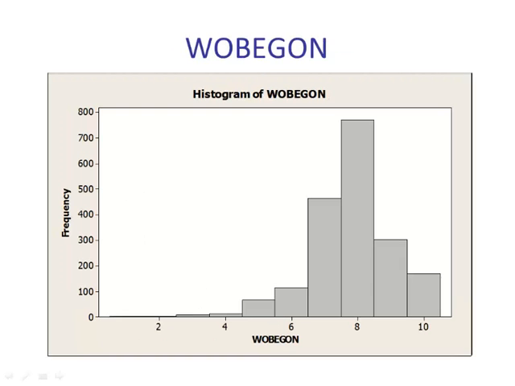Our last example is the variable woebegone. So there's something called the woebegone effect, and this is the question: on a scale from 1 to 10, how do you rate your intelligence? And we can see most people say 8, but we do have some possible outliers here. So we have about 200 people who say they're 10 out of 10.